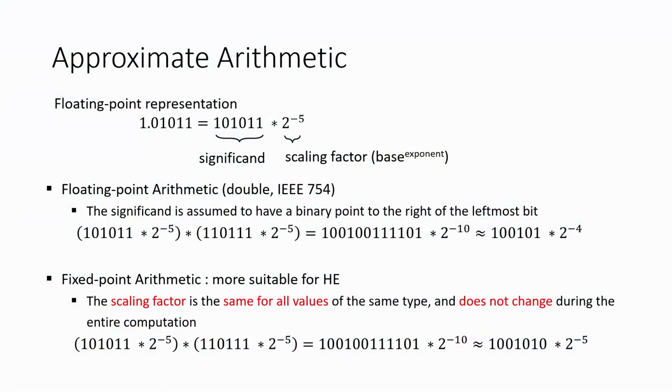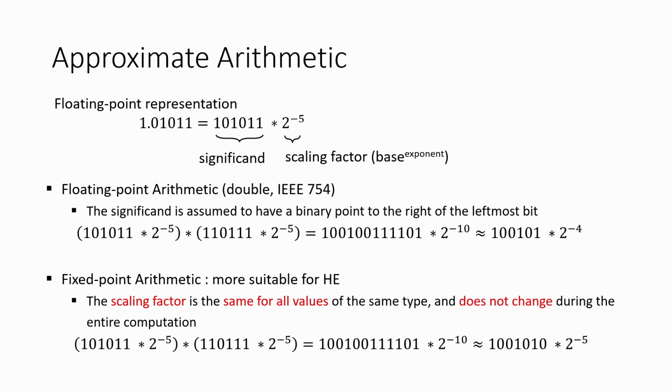As you see in this example, all floating point numbers have 6 bits of significand. But in the case of fixed point arithmetic, we keep the same scaling factor, not the bit size of the significand, so the bit size of the significand may change. Here, the inputs have 6 bits, but the output significand is a 7-bit integer. But the scaling factor is stable as 2 to the 5.